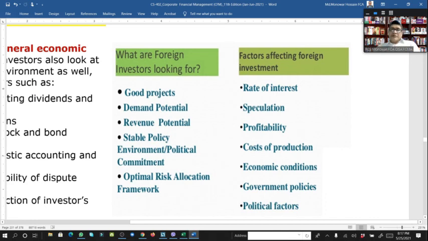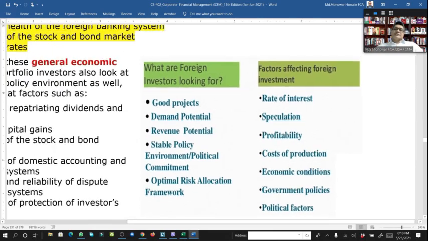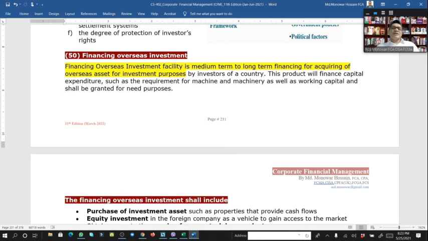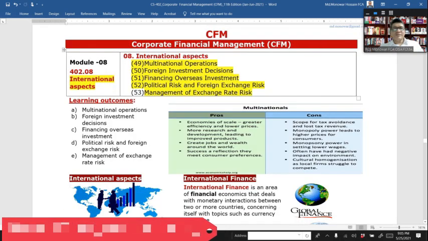And some other factors: speculation, profitability, cost of production, economic condition, government policy, and political factors. These types of factors can be considered by an investor for investing in another country. Financing overseas investment is all for today. Thank you.